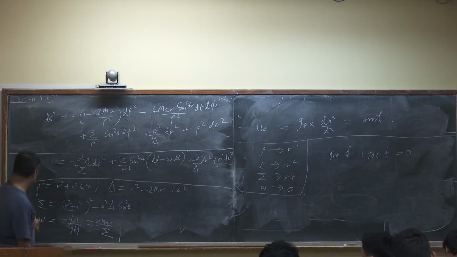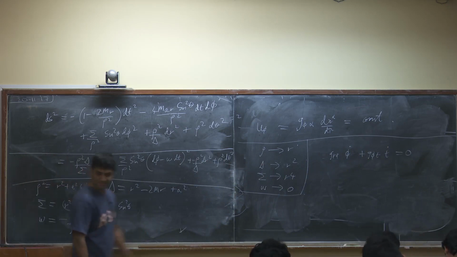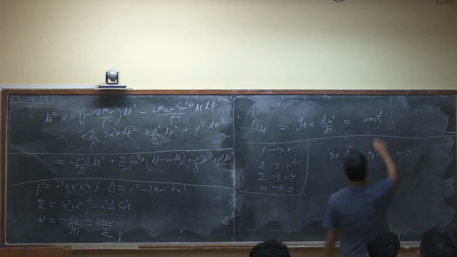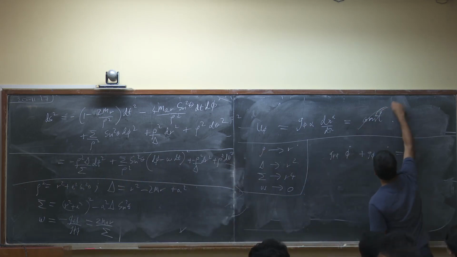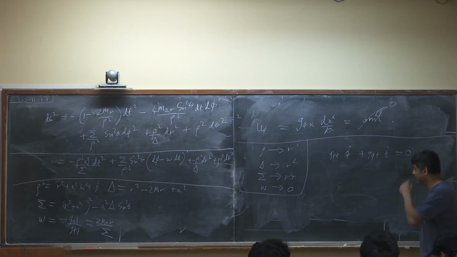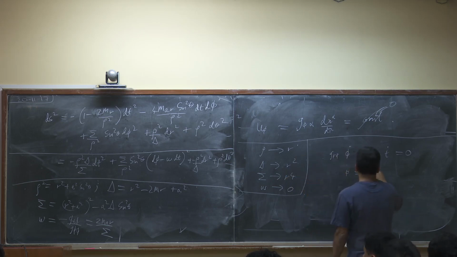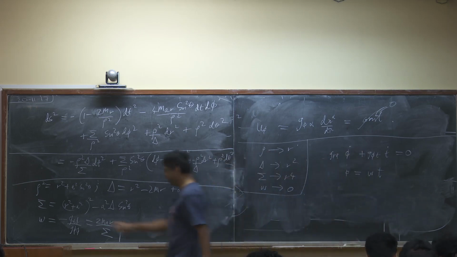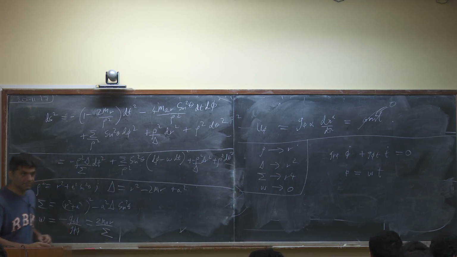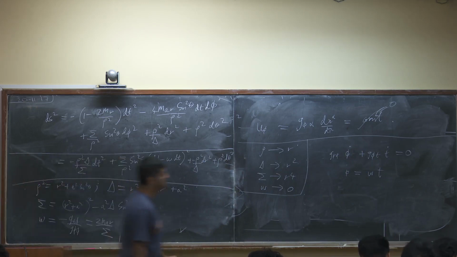But note this omega here is defined to be g t phi by g phi phi. We are now looking at the special case where the constant is equal to 0, zero angular momentum. Okay, so we get phi dot is equal to omega times t dot.